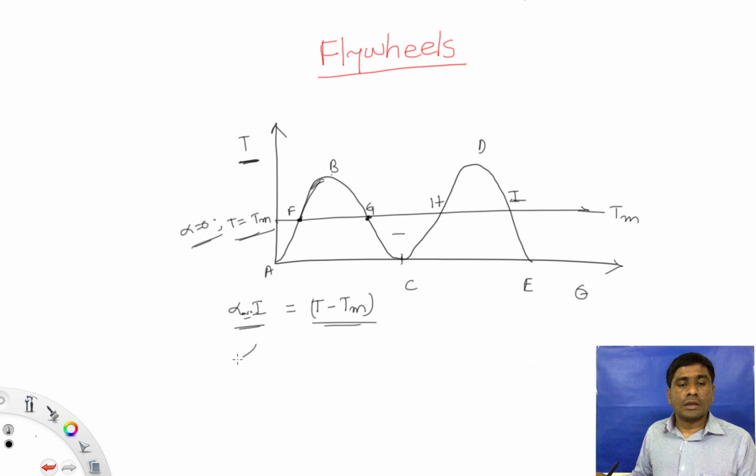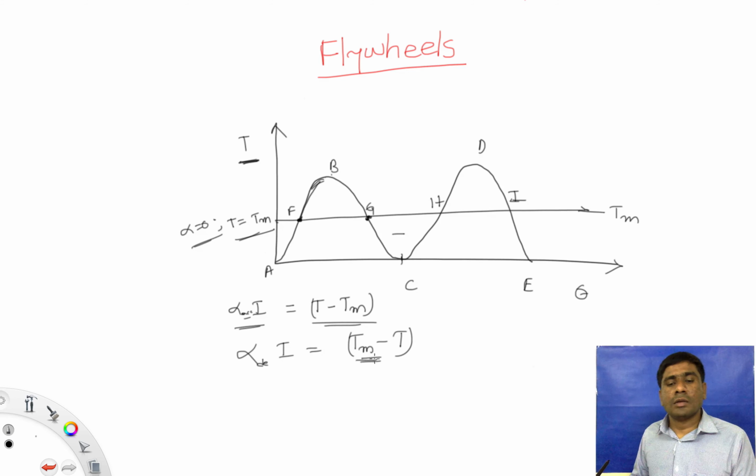So here also the angular deceleration times I equals T mean minus T, because here the T produced is less than the T mean that we need to produce. So in this way we can calculate this alpha acceleration or alpha deceleration.